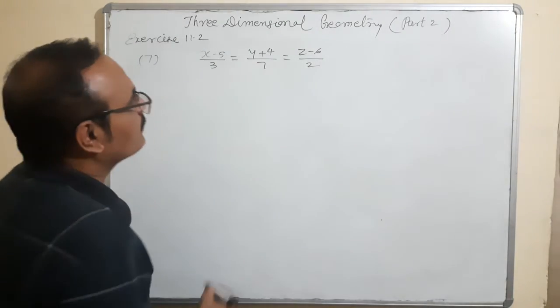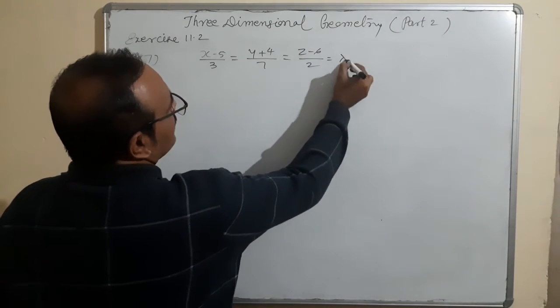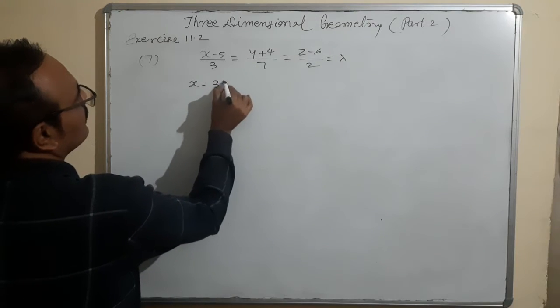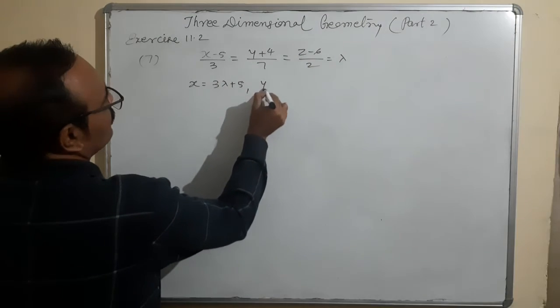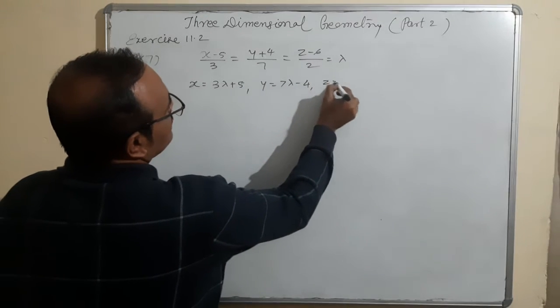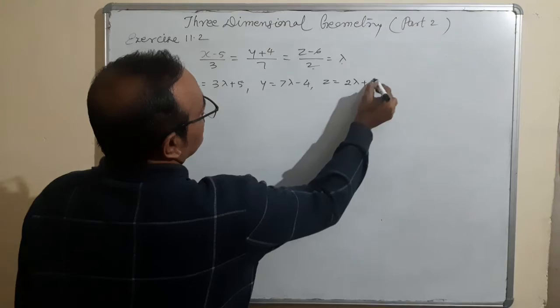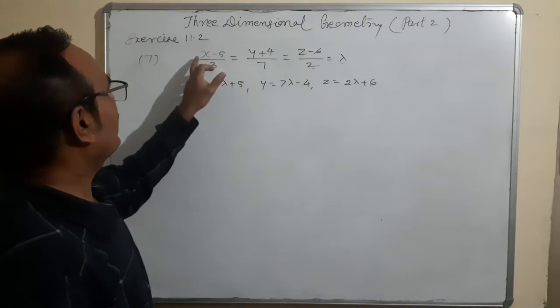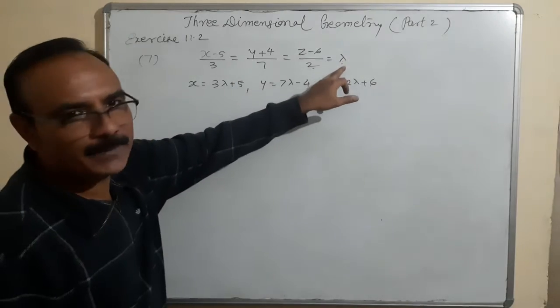For writing the vector form, let us consider it as lambda. So x is equal to 3 lambda plus 5, y is equal to 7 lambda minus 4, and z is equal to 2 lambda plus 6. Have you understood it? See, all three are equal. X minus 5 upon 3 is equal to lambda.